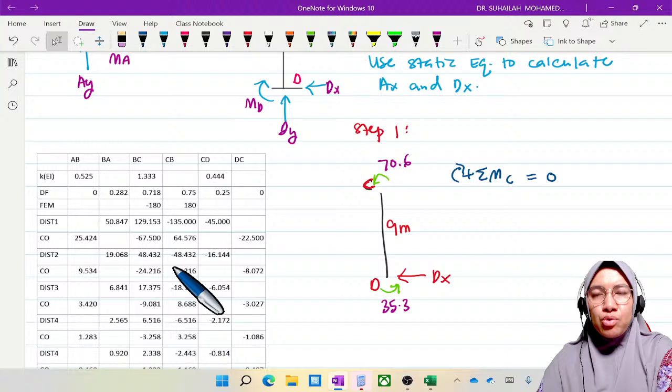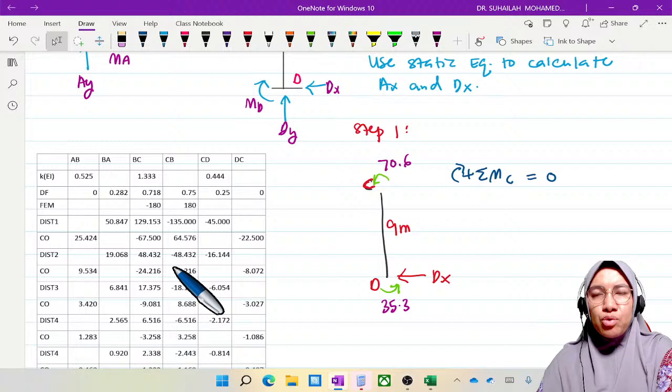The question is, under step number 2, can we get Ax directly? If we analyze this, we will have Ay, we have Ax.